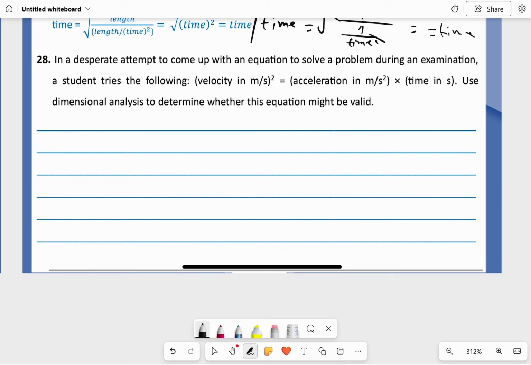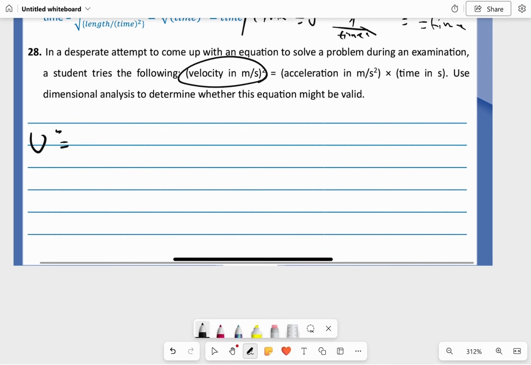Now this is velocity, so you'll see velocity squared is equal to acceleration multiplied by time. Now look, acceleration is measured in meter per second squared, but this is squared too.